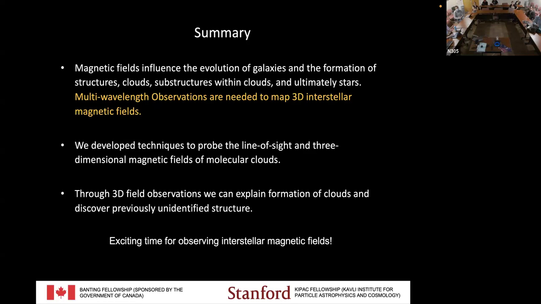For example, I talked about the Inoue et al. MHD simulations, or Lee et al. MHD simulations; Seifried et al. also has simulations. So combining all these MHD simulations and the statistical analysis that we did, I'm more confident that for these two clouds, at least, we're seeing arc-shaped magnetic field morphology.